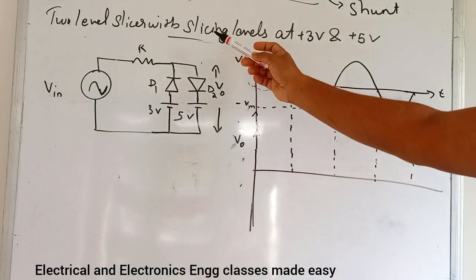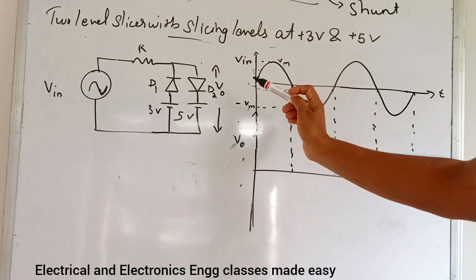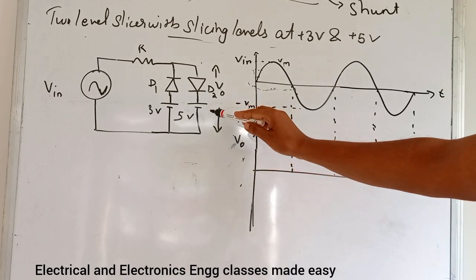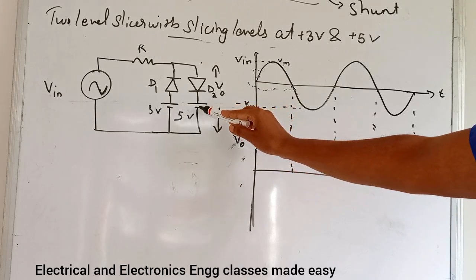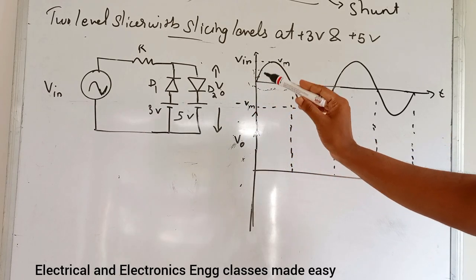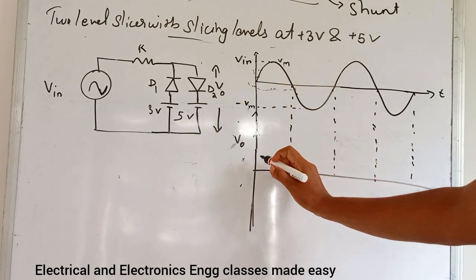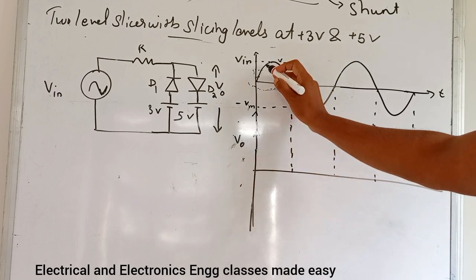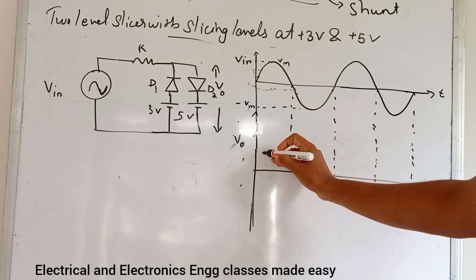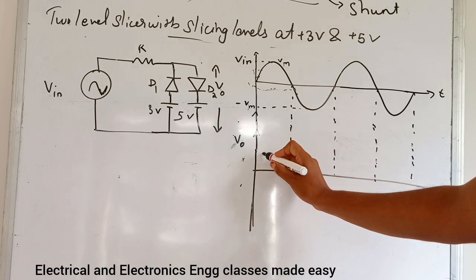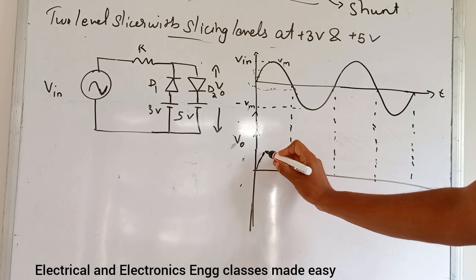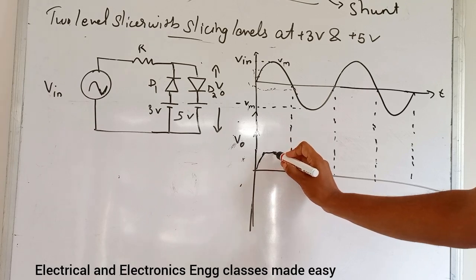Now during the positive half cycle, diode D2 will be conducting, but up to this 5 volt, diode D2 will not be conducting. So let this be 5 volt, then up to this 5 volt it will not be conducting, then after that it will conduct.